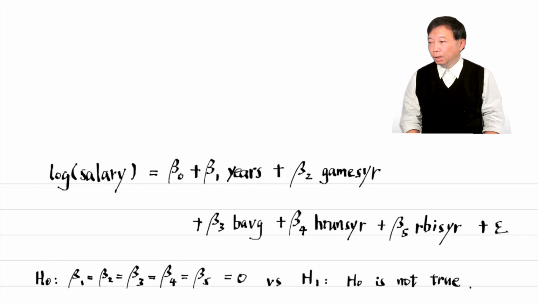For example, in the case of baseball players' salaries, the null hypothesis for overall significance is that the parameters of all 5 explanatory variables are zero. It means none of them affects baseball players' salaries.